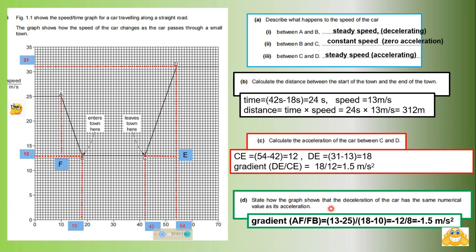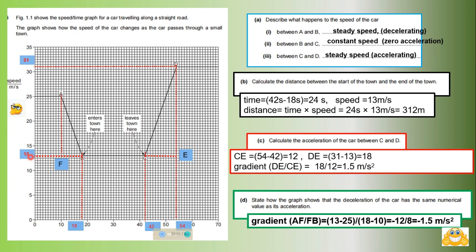State how the graph shows that deceleration of the car has the same numerical value as its acceleration. So we can calculate the gradient here. This represents acceleration and this represents deceleration. So gradient AF divided by FB is equal to the coordinate of A, 25 on the speed axis, and the coordinate of F is 13.